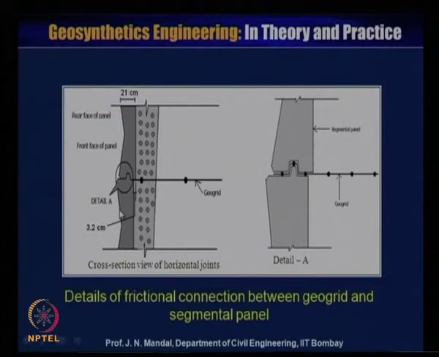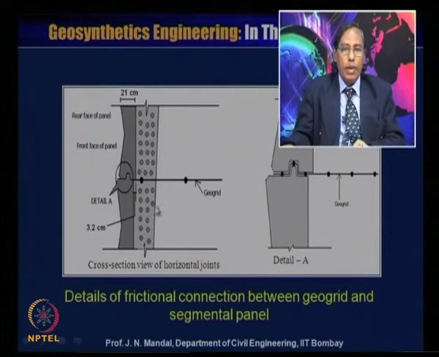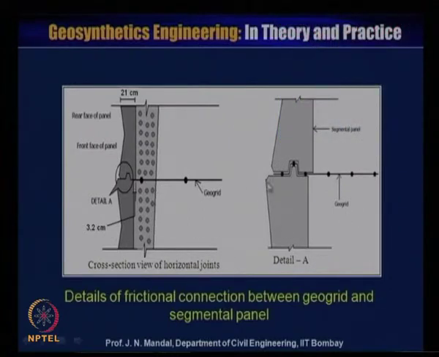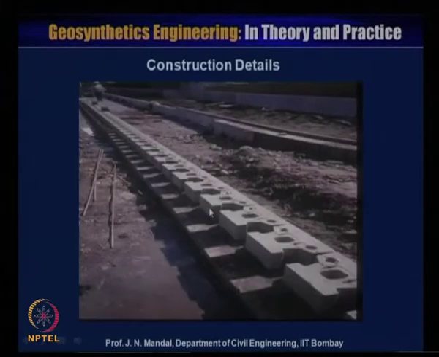This is the detail of A, and you can see here 3.2 centimeter, and this is the front face of the panel, this is the rear face of the panel, and this is 21 centimeter. It's like this you can see detail of A, and this is the geogrid material, and this is the segmental panel. So this is the detail of the frictional connection between the geogrid and the segmental panel.